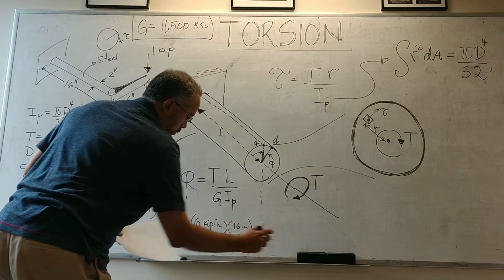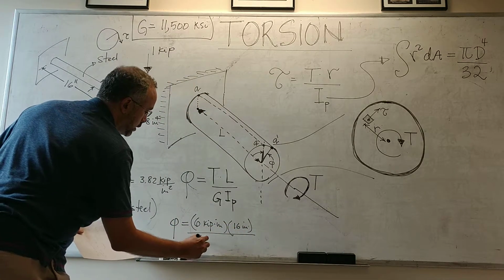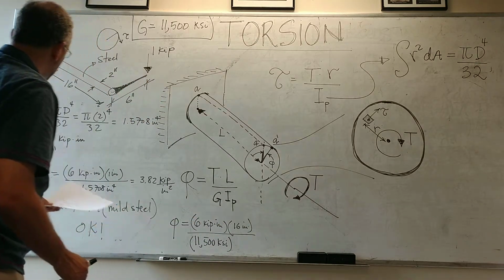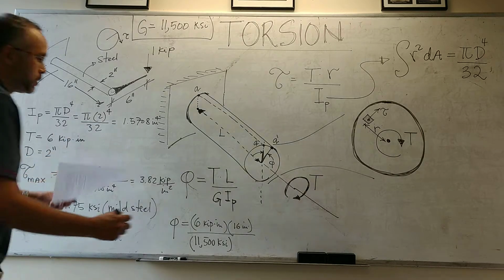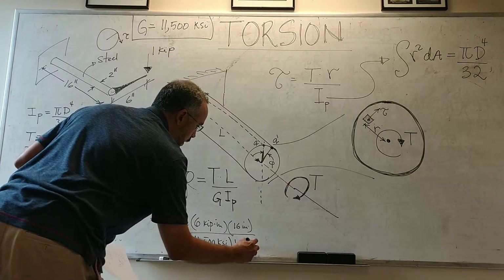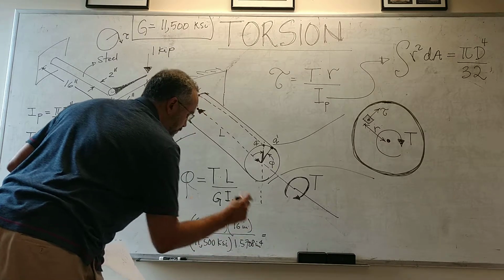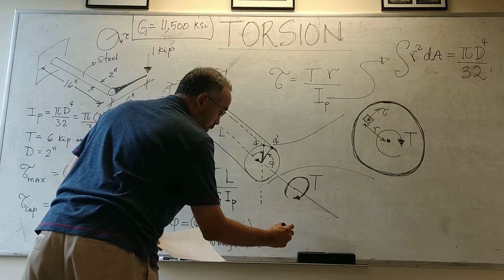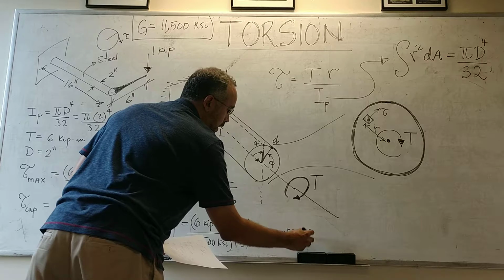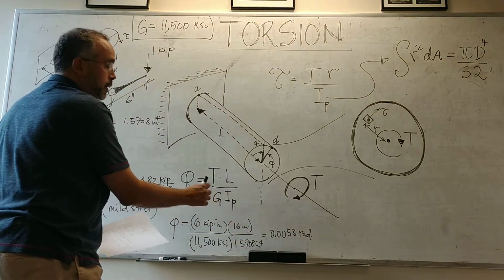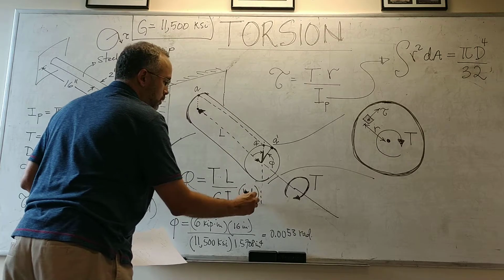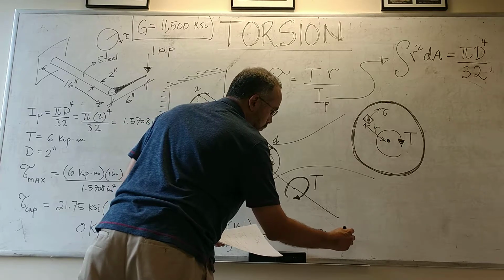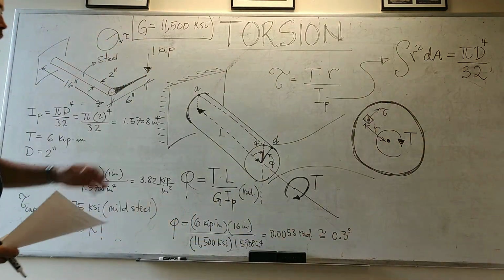So put that in here, 11,500 KSI. And the polar moment of inertia of the circular cross-section, which is 1.5708 inches to the fourth. The angle comes to approximately 0.0053 radians. Again, this formula is in radians, in case I forgot to mention that, which, if you take it to degrees, becomes approximately 0.3 degrees of rotation.